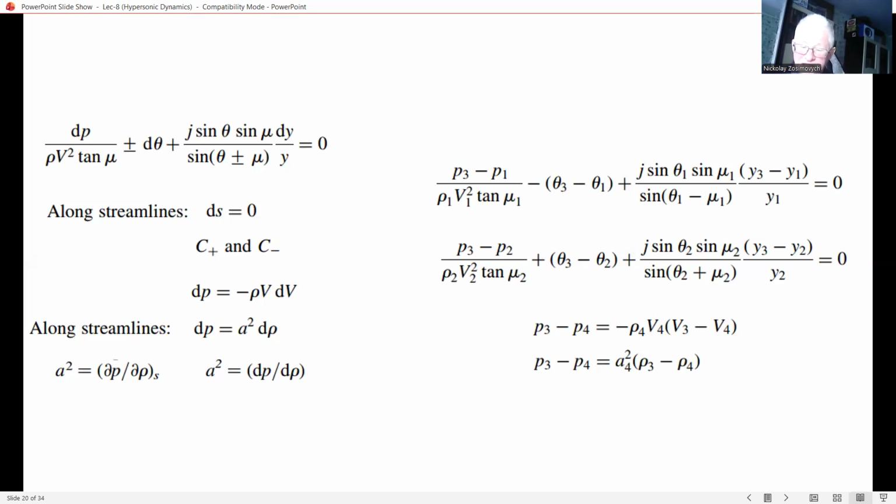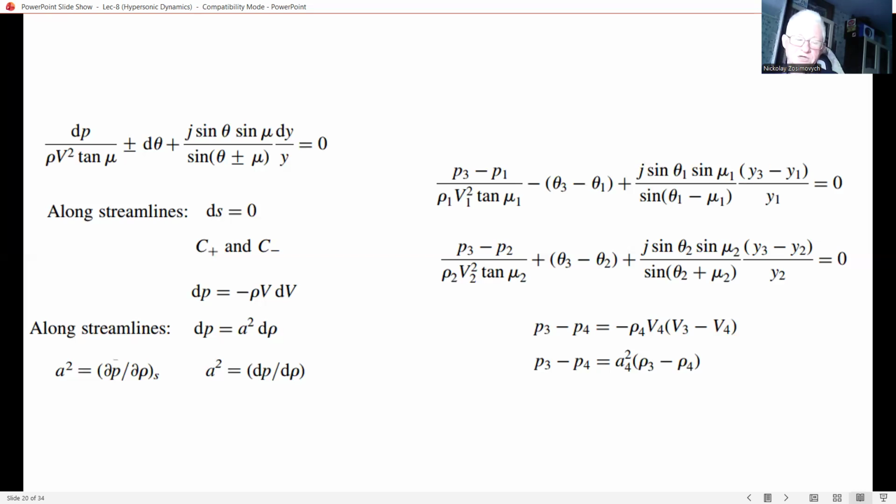Yes, density is d rho. So we may rewrite in this case a squared as dp over d rho. But please note that whereas dp in the last two equations denotes a change in pressure along a streamline, dp in the earlier equation denotes the change of pressure along the Mach line.